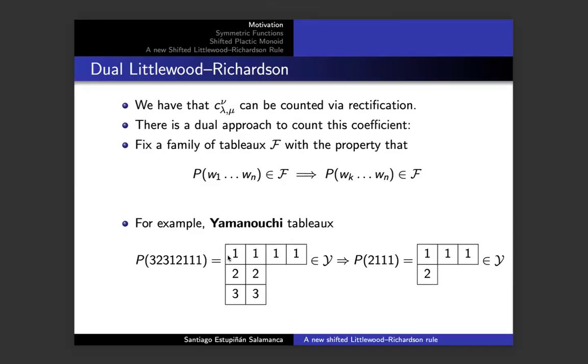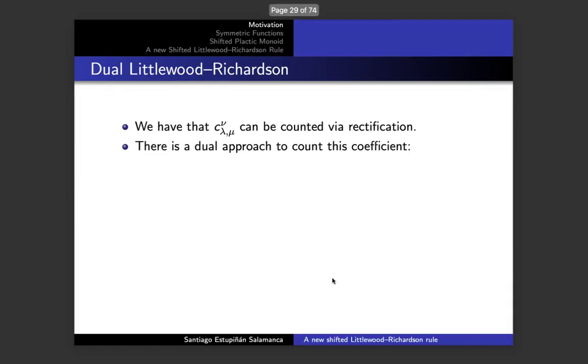The Yamanouchi tableaux are tableaux whose first row consists only of ones, the second row consists entirely of twos, and so on. If you take a right factor of any word inserting to a tableau like this, then you obtain again a Yamanouchi tableau. So this is an example of such a family.